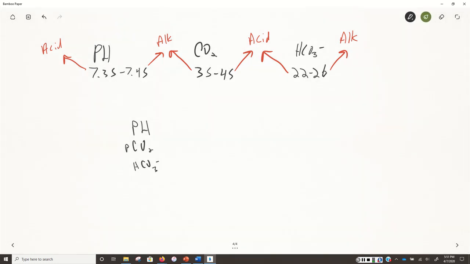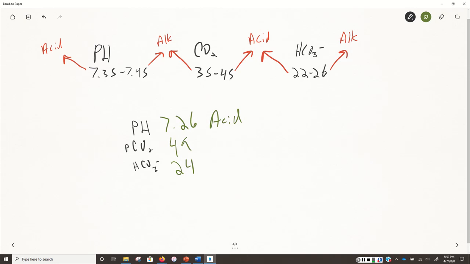Next, pH 7.26, CO2 49, bicarb 24. Well, what's the first thing that we do? You tell me. We're going to look at that pH. 7.26 is below 7.35, so this is acidic.